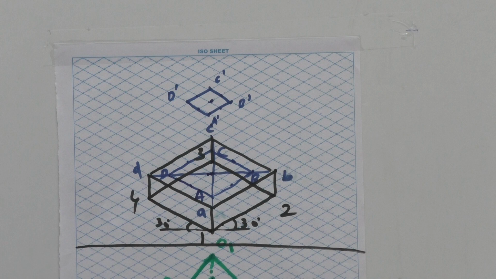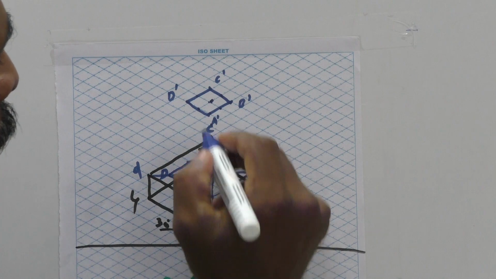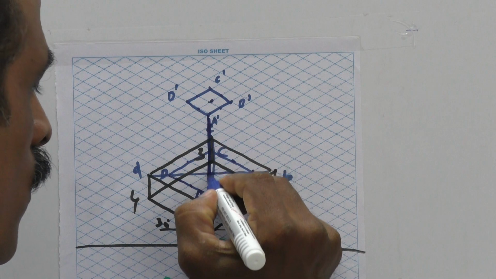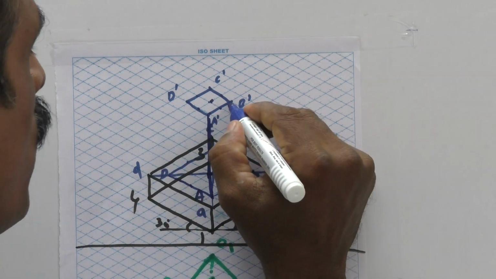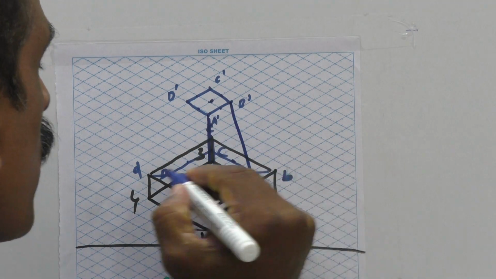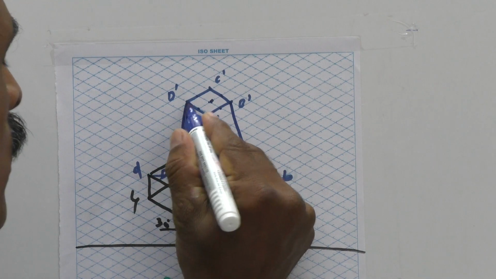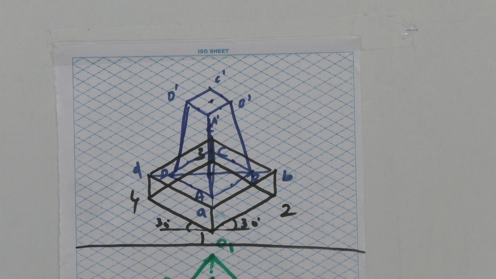Marking 30 degree is mandatory, even though all the lines are inclined at 30 degree, you need to mention this. Now join from corner A to A dash and B to B dash, D to D dash. Since C is on the back side, C is not visible.